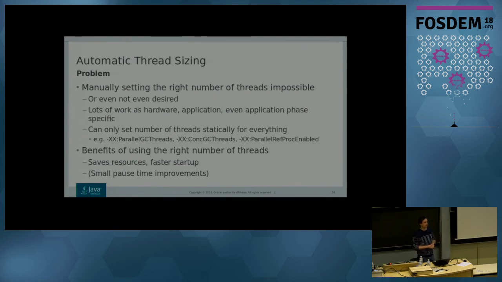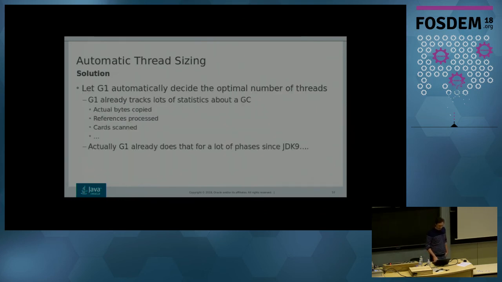But there are certain benefits to using the right number of threads for the correct situation, because it saves resources, threads, memory. It has a faster startup, and actually it improves pause time.